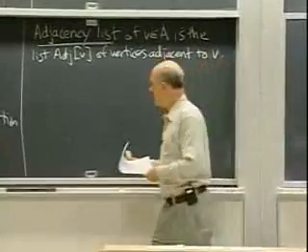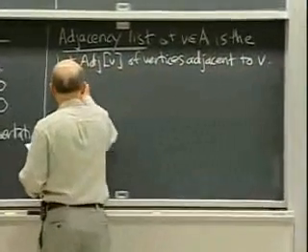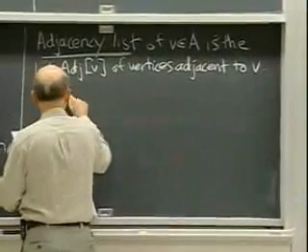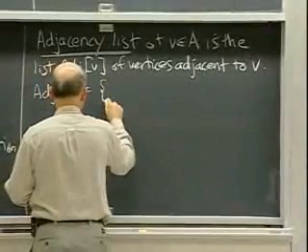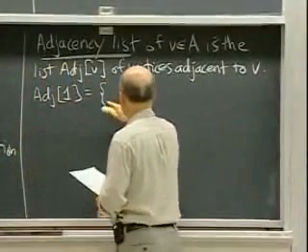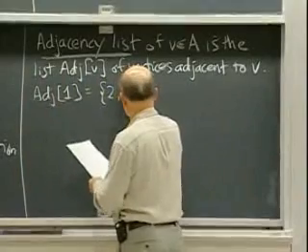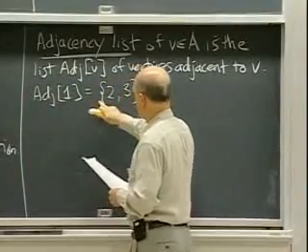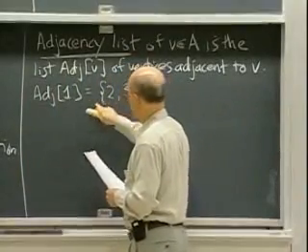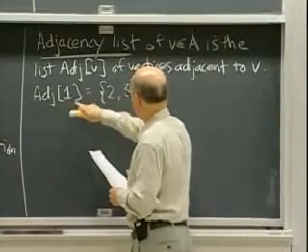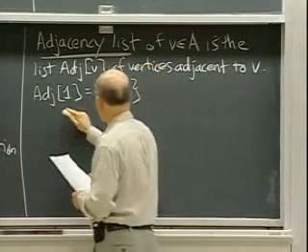So in this graph, for example, the adjacency list for vertex 1 is just the list or the set of 2, 3, because going out of 1 are edges to 2 and 3.